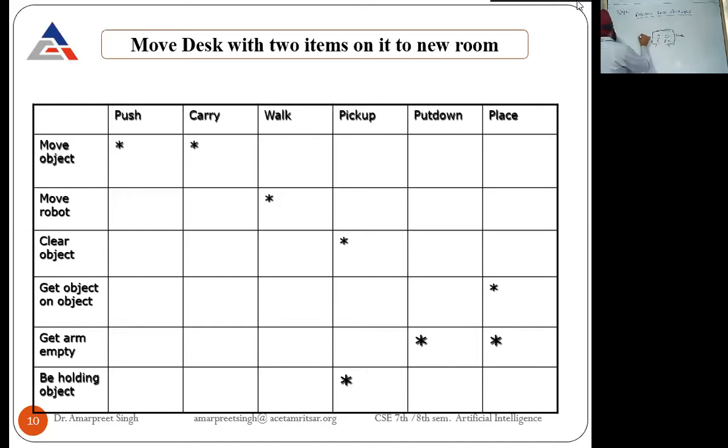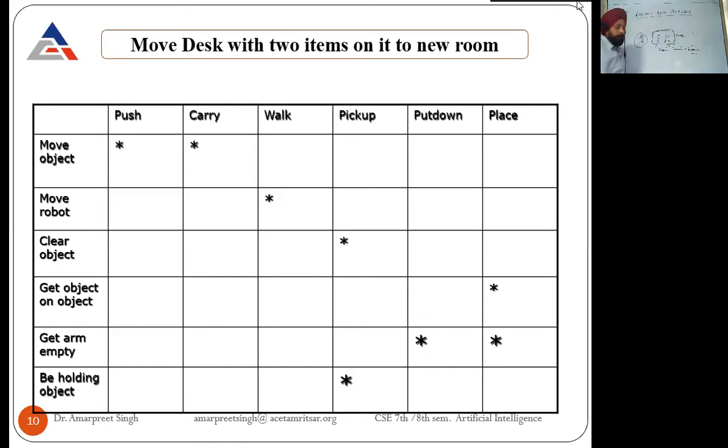So through the robot, you have to move this desk from room 1 to room 2. So you have to move this robot from room 1 to room 2. So this is the problem.